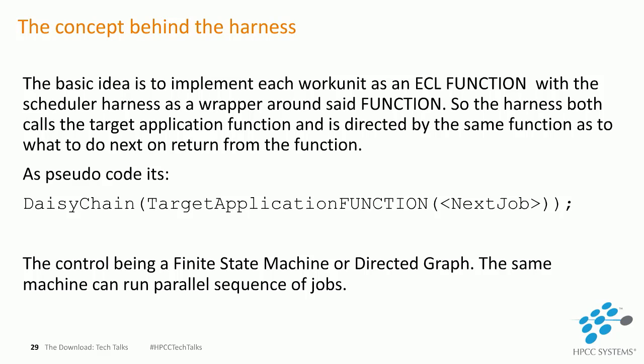As I said in pseudocode, you've got a daisy chain harness that calls your function with the parameter of the next job to run, and really in a nutshell that's it. It's controlled by a finite state machine or directed graph, and this orchestrator can run work units either in parallel or in sequence.